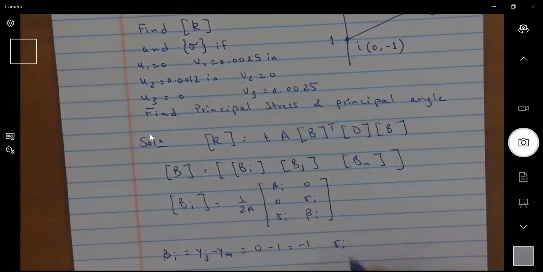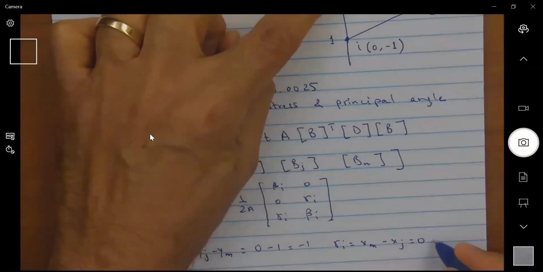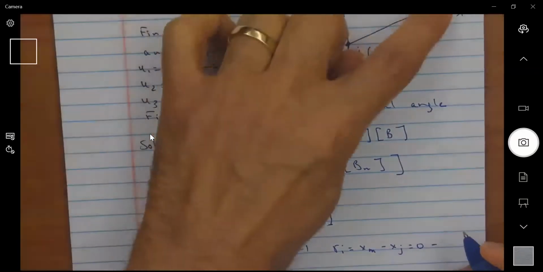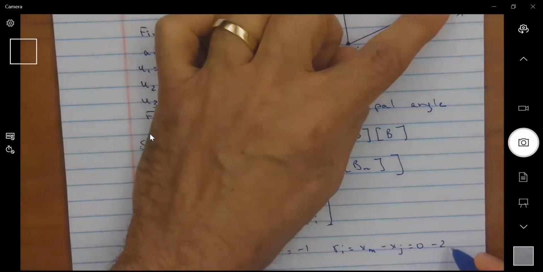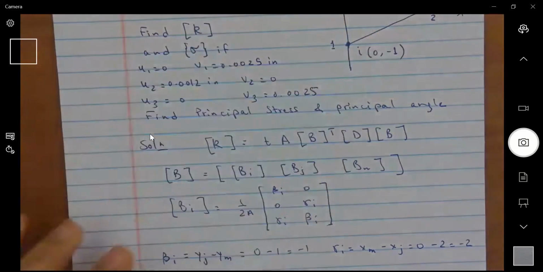Gamma I is xm minus xj. So xm is a 0 minus xj is a 2. I'm looking at a minus 2.